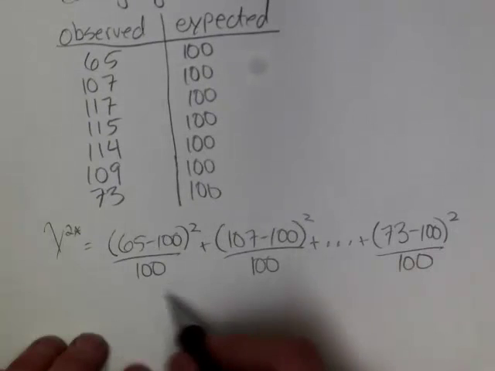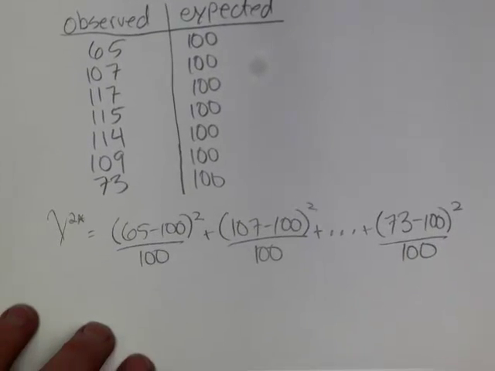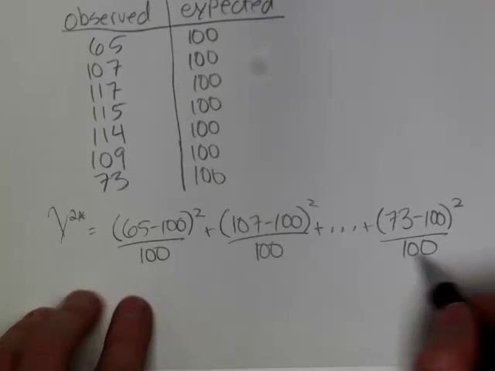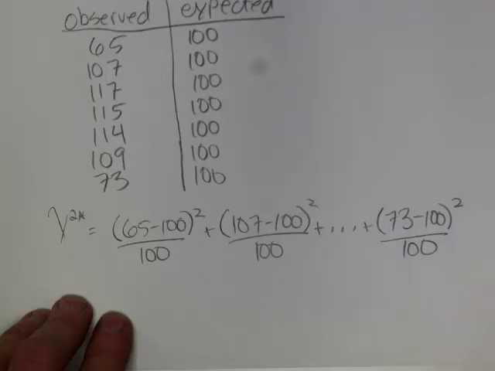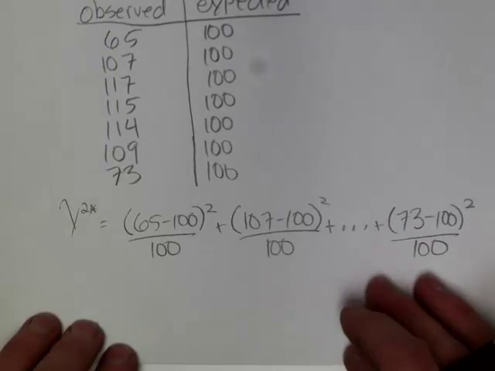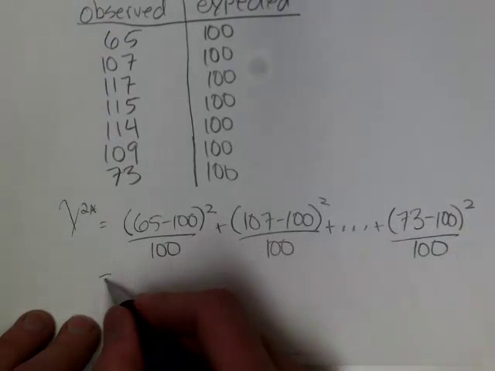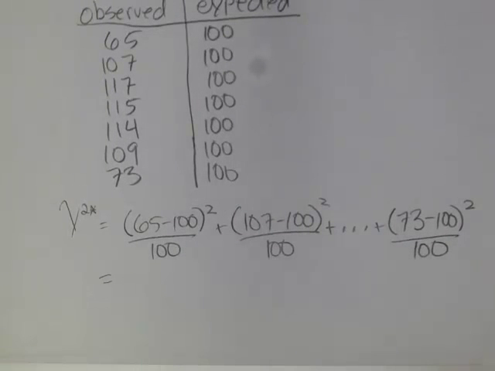Now, this might be a bit cumbersome to do by hand. You could factor out 1 over 100 because each of these terms has a denominator of 100. Or we could just go ahead and do the goodness of fit test in the calculator.